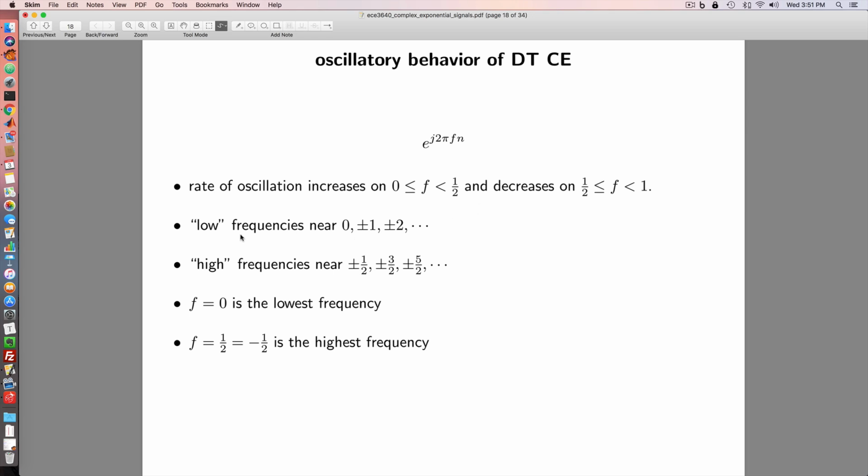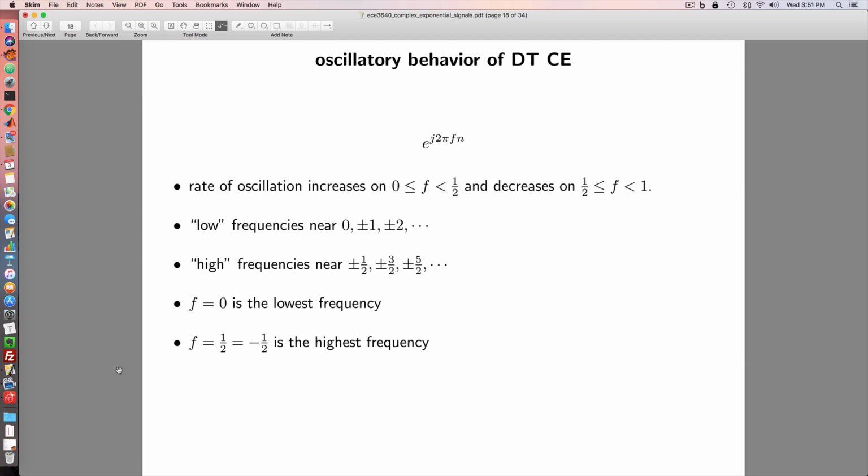And so what we find is that low frequencies tend to fall near integers, and the high frequencies fall halfway in between integers. 0 is the lowest frequency, 1/2 is the highest frequency, and all these other values of an integer plus 1/2 alias back to the frequency plus or minus 1/2, which is the highest frequency in discrete time.